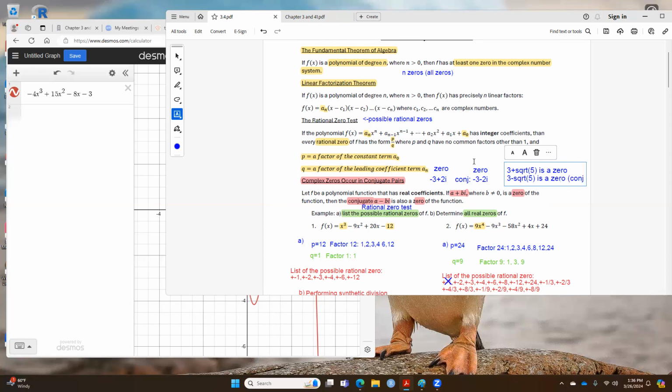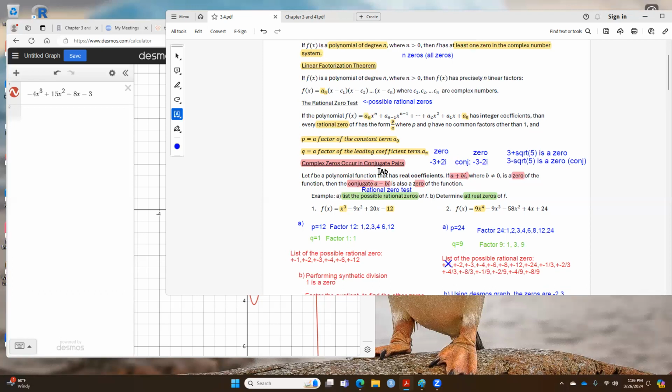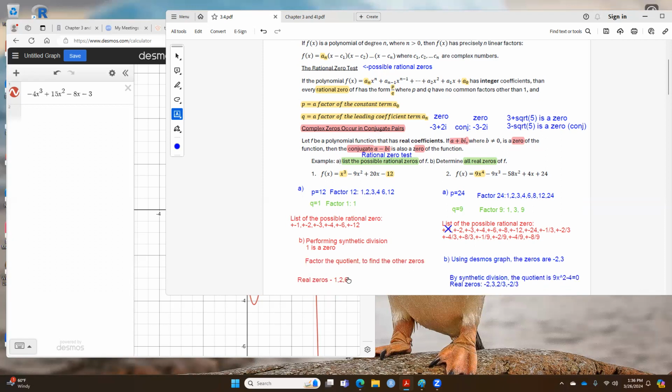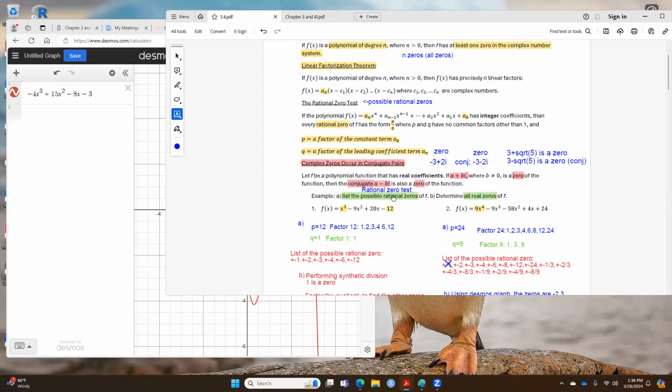So only the square root and the i, the complex, can have this conjugate pair. It doesn't work for numbers like 2 or 6 or 3 or something else. Only the complex numbers and the square root numbers can have a conjugate pair zero in this case.